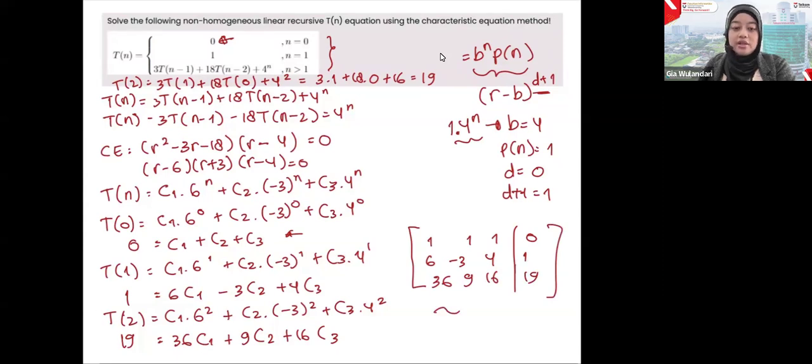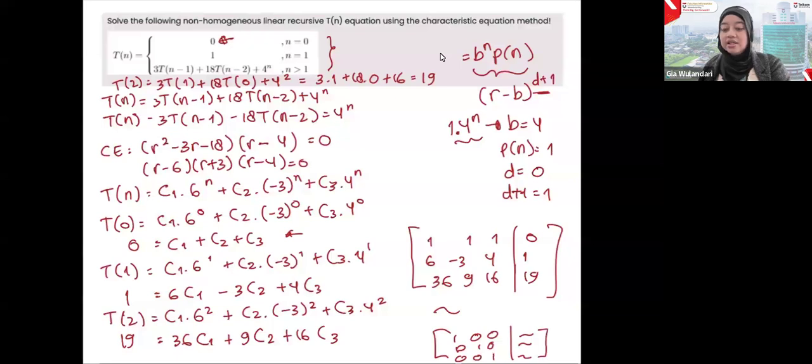And you will do elementary row operations such that you will have the identity matrix, and whatever you have on the right is the value of C1, C2, C3. But you can also use normal elimination and substitution. After you have C1, C2, and C3, you can substitute them back into Tn, so you have the final solution for Tn.